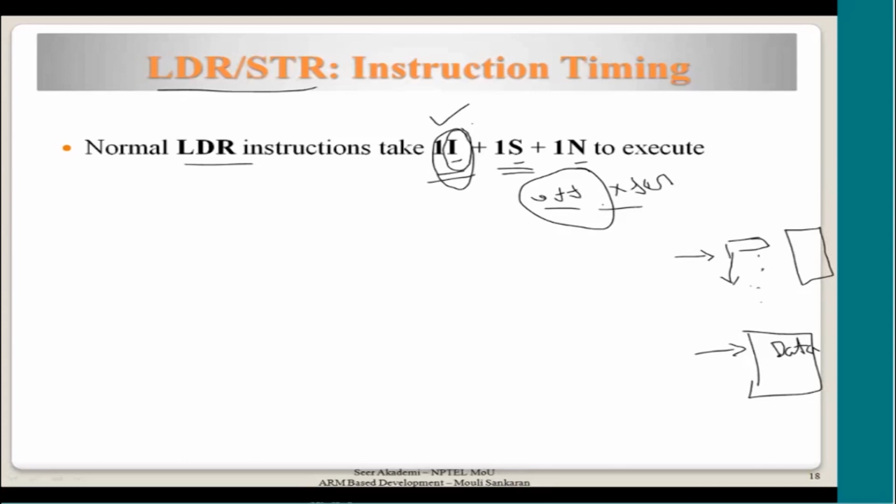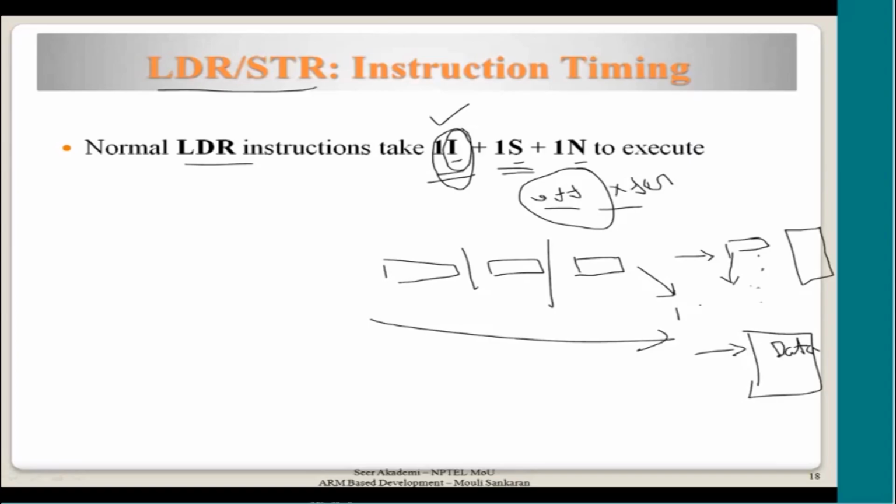If you see the execution of a pipeline in a normal case, when the normal flow happens, you get one instruction coming out every sequential cycle. Please remember, the pipeline movement, the execution takes one cycle.